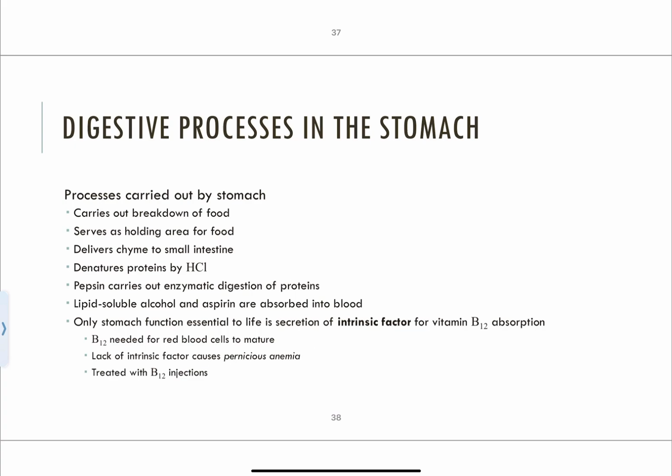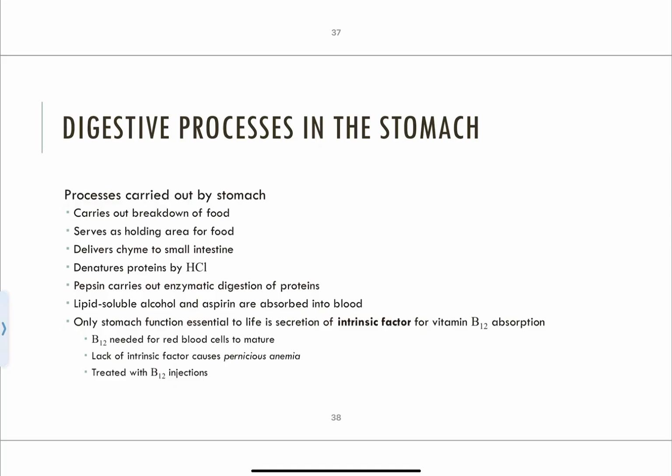Okay, digestive processes of the stomach. There are several. We already talked about how it carries out the breakdown of food, both mechanical and chemical breakdown. It primarily functions as a temporary storage bank for holding the food until we can deliver small amounts of that chyme into the small intestine.